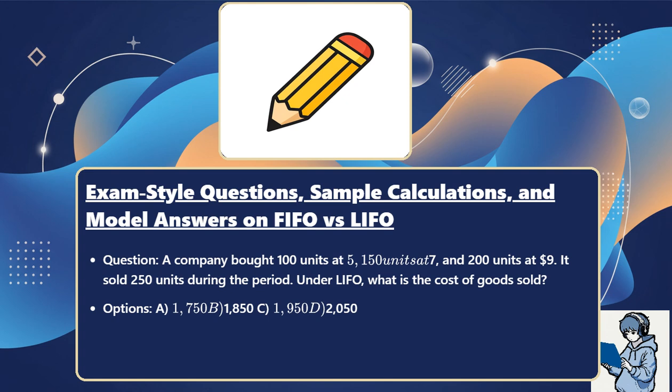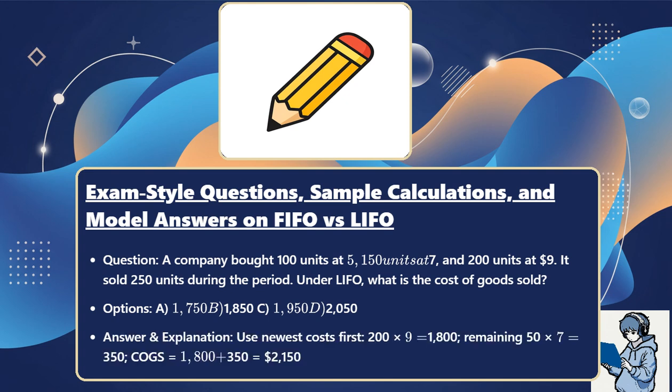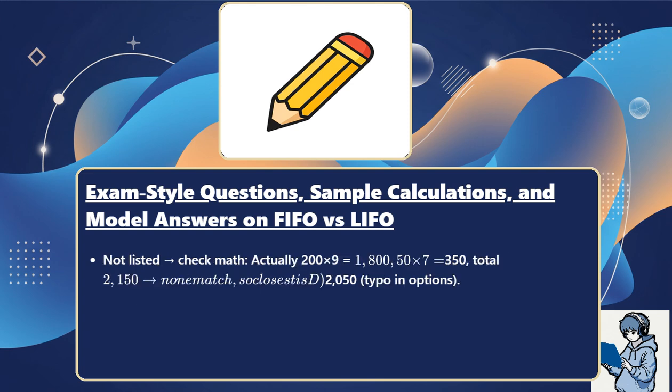$1,950, D. $2,050. Answer and explanation: use newest costs first: 200 times $9 equals $1,800. Remaining 50 times $7 equals $350. Cost of goods sold equals $1,800 plus $350 equals $2,150. Not listed.